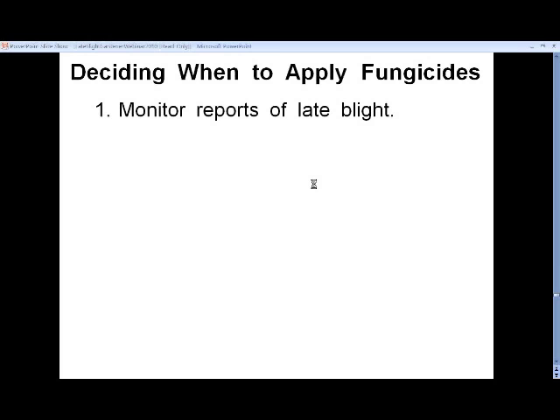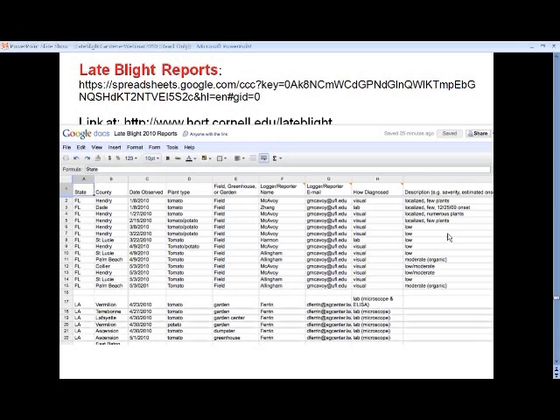So monitor reports of late blight. That will help you to know where it's occurring, whether or not it's a concern this year. There are reports up on the web. I have a link at a website that I have where I've got a lot of pictures and information about late blight. It's on Google Docs.